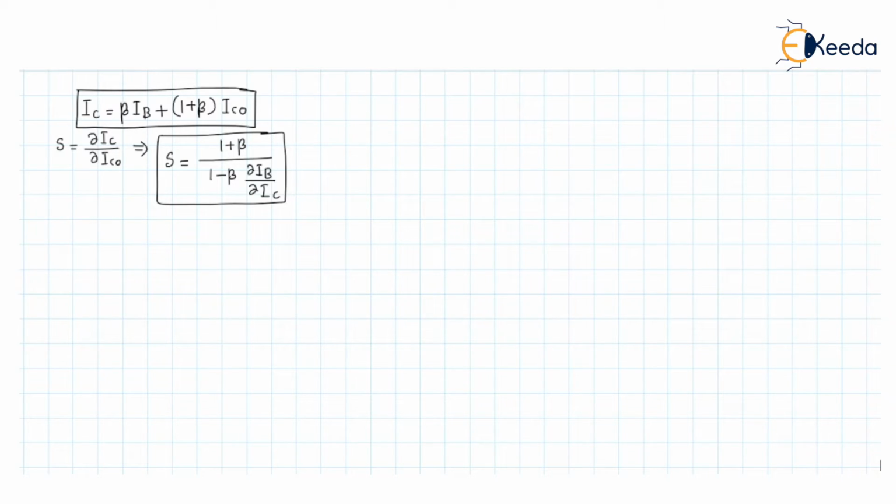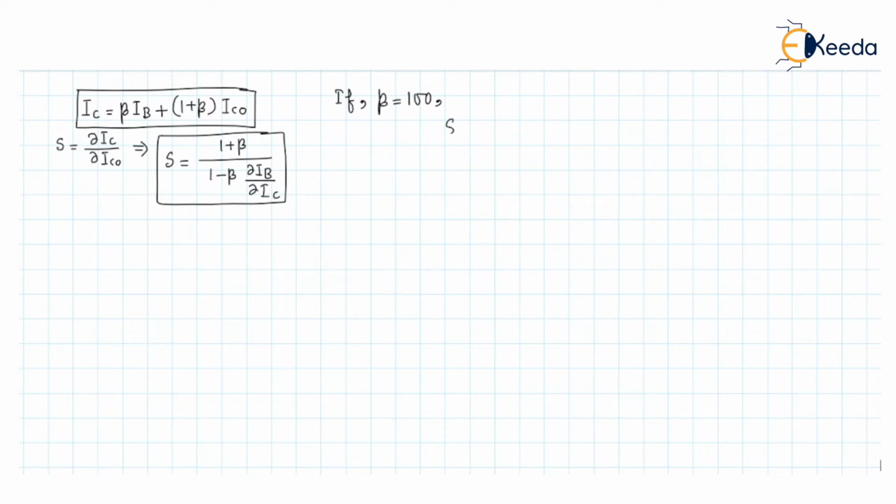Now, let us take an example where the beta value is 100.